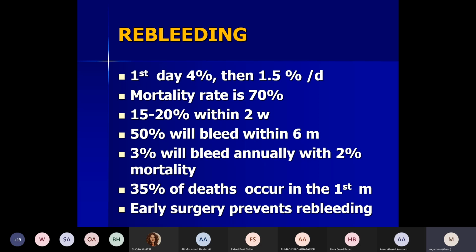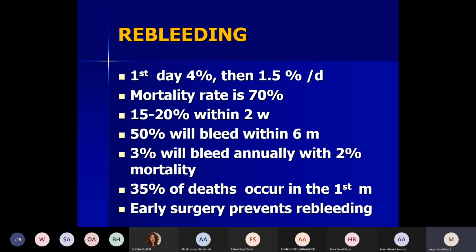So we need to avoid rebleeding, and the first thing to avoid rebleeding is to control blood pressure and avoid straining after subarachnoid hemorrhage. That's why we give good analgesic, we give codeine to avoid straining, we give stool softener, and we keep the blood pressure on the low side after subarachnoid hemorrhage to avoid rebleeding.